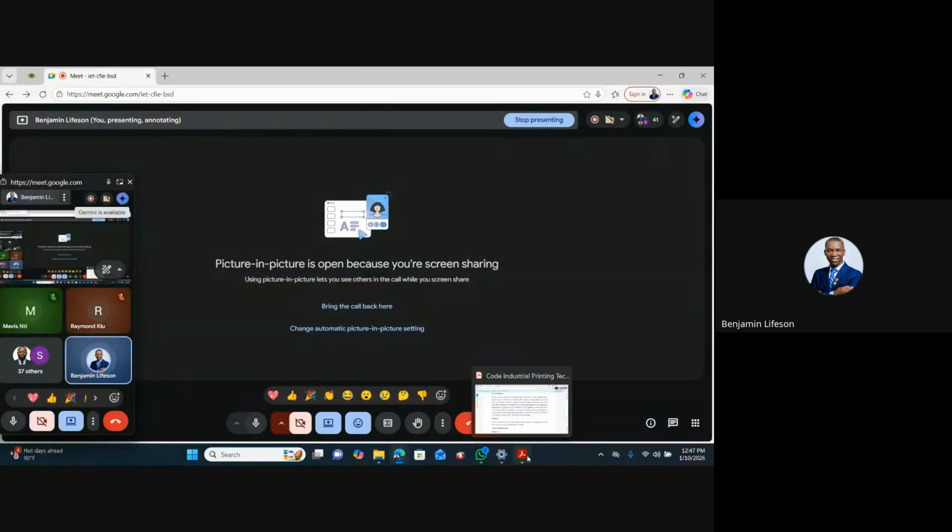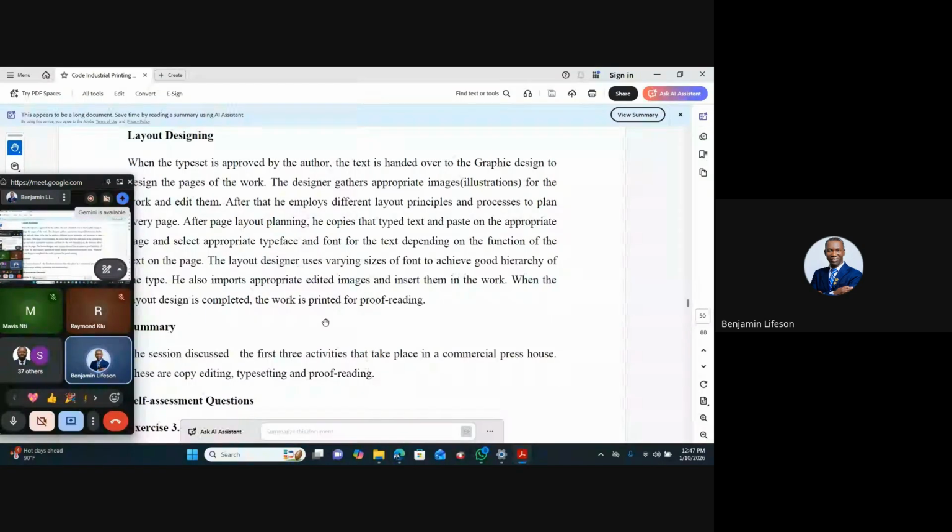So that is the layout. We are saying that in layout we still look at margins and grids, where we will provide the structure and balance of the text. All right. Then there will be typography. We still consider the font choices, the size, the spacing, and then the image or the graphics to enhance the message.